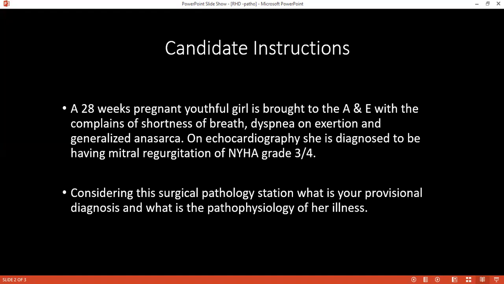Maybe aortic stenosis with mitral regurgitation, rheumatic heart disease, and the last could be infective endocarditis. So if you have to establish your diagnosis of rheumatic heart disease, what is the criteria that you will consider?